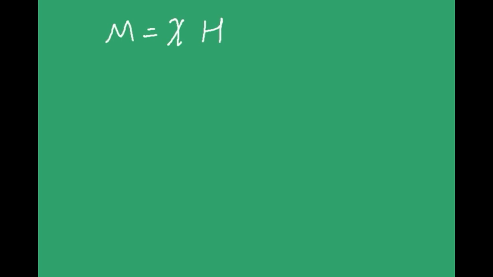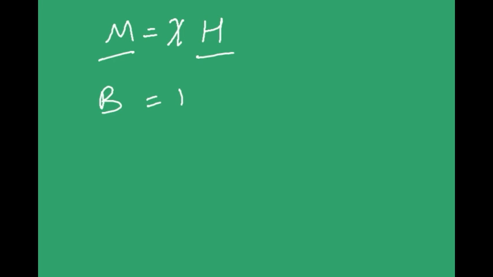Like many other constants, this is also denoted by a Greek letter. This is chi. This is a dimensionless quantity because magnetization and magnetic intensity have the same dimensions, right? So chi is just a dimensionless ratio. Now you know M is equal to this susceptibility into magnetic intensity, right? Let us substitute this in our previous formula. B is what?